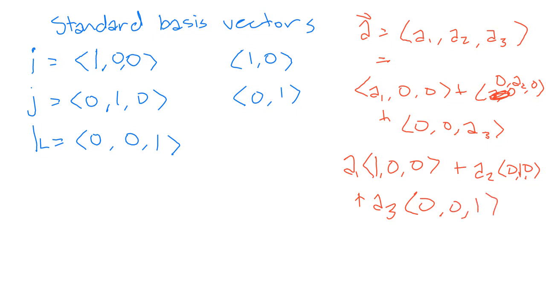Well, we have a 1, 0, 0, a 0, 1, 0, and a 0, 0, 1, so we can substitute these out to get A1i plus A2j plus A3k.